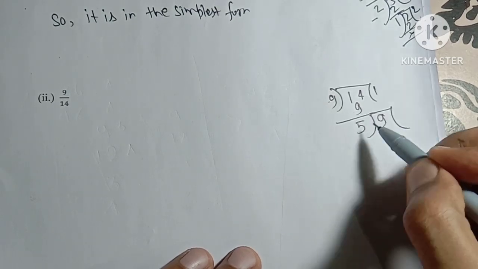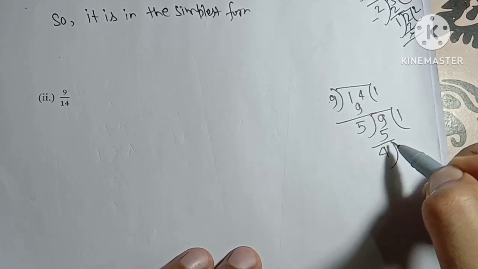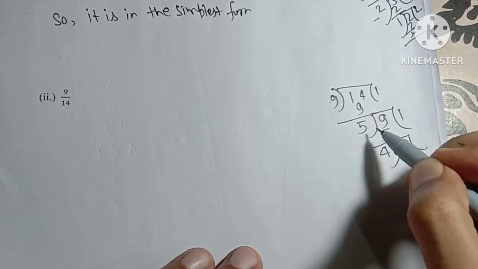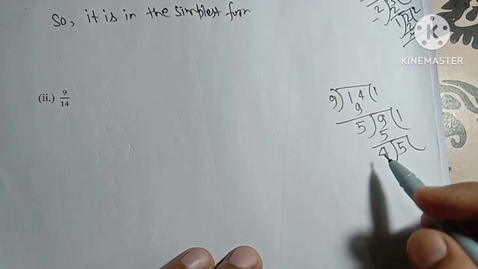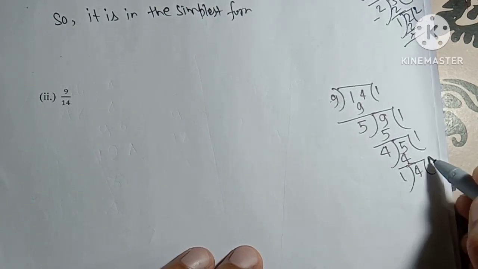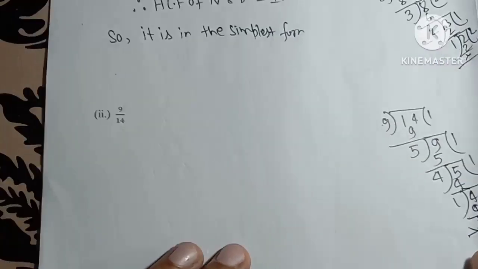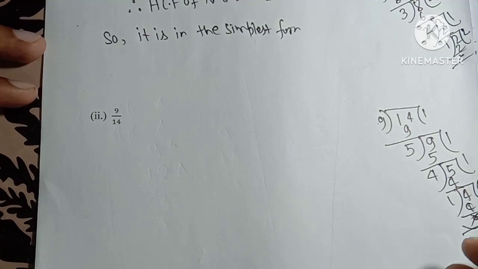Now 5 will divide 9, so 5 ones are 5, we will get 4. Now 4 will divide 5, so 1 times you will get 1. Now 1 will divide 4, so 4 times, ended. That means the last divisor is 1.